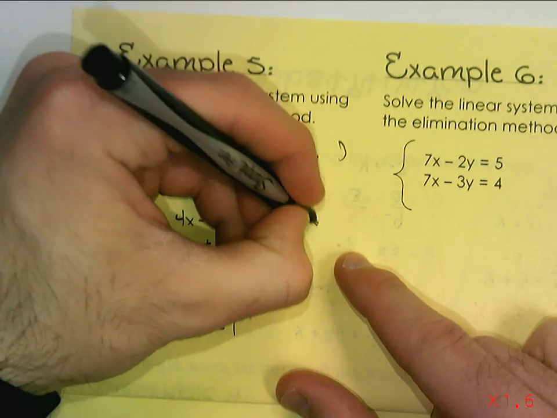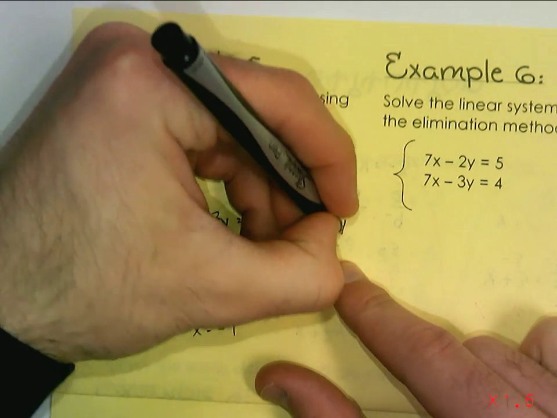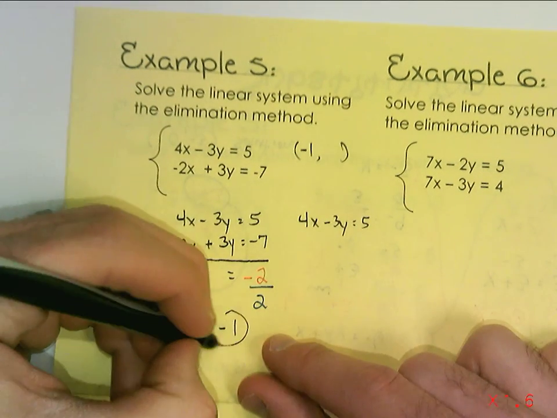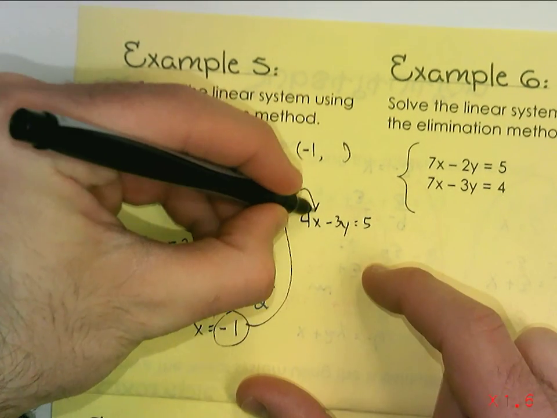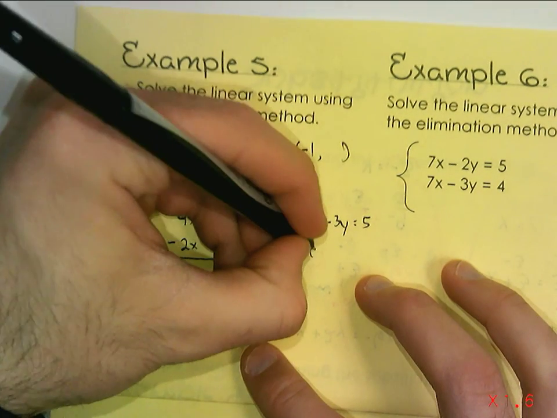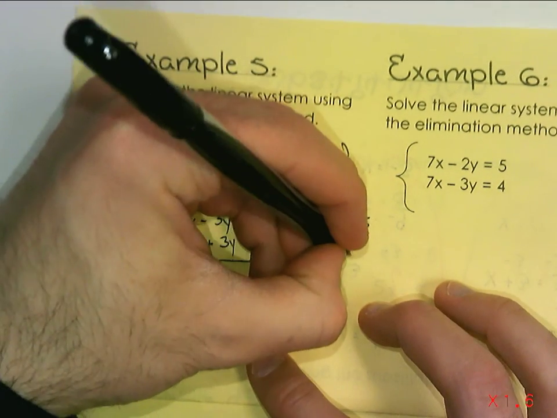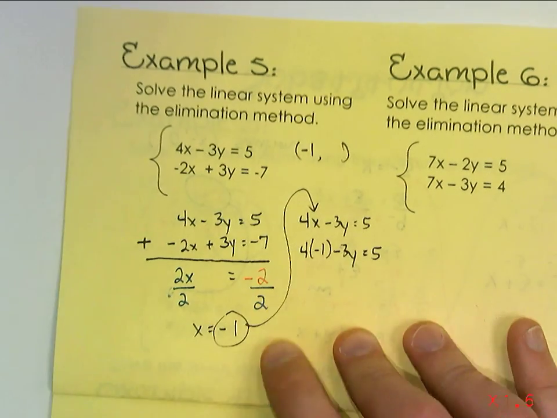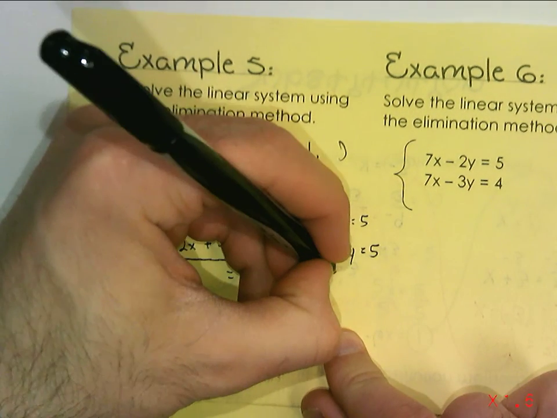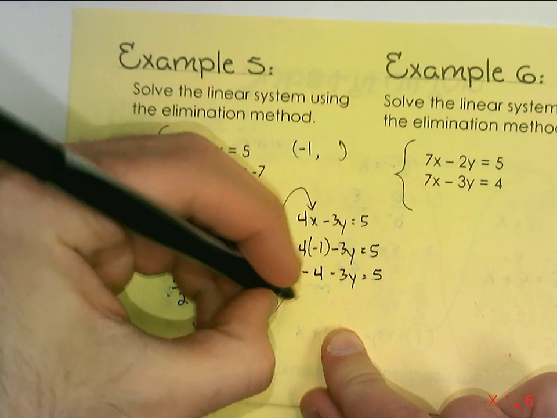So 4x minus 3y equals 5. I'm going to substitute negative 1 in for x. So 4 times negative 1 minus 3y equals 5. 4 times negative 1 would be negative 4 minus 3y equals 5.